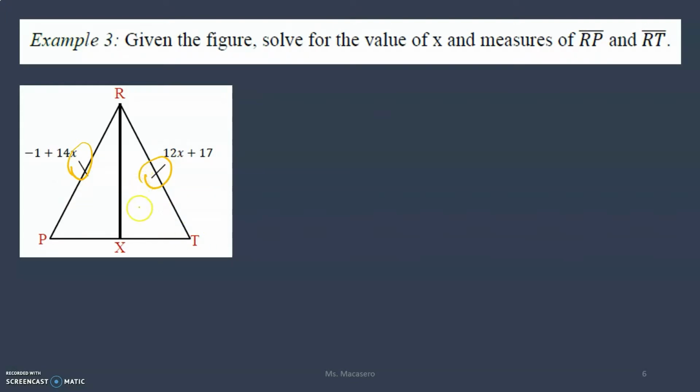Now, we know that if 2 sides of a triangle have the same number of tick marks, then these 2 sides are congruent. Alright, so now we can start with our solution.